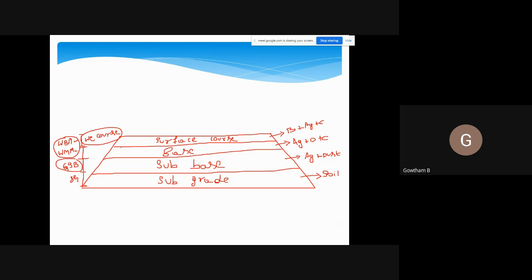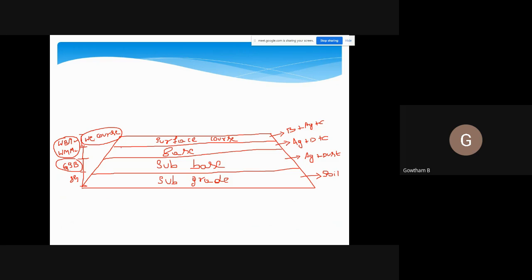Therefore, as the third important topic in this module, we are going to study the step by step procedure involved in the construction of wet mix macadam, and the step by step procedure in construction of waterbound macadam, and the tests we have to perform for wet mix macadam and waterbound macadam, and the specification we have to get after the test, because at the end we have to say the suitability, correct?